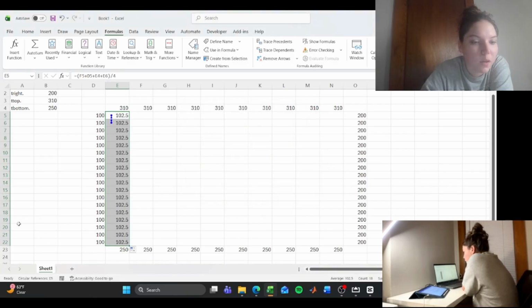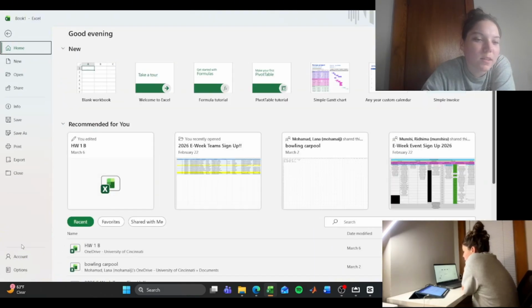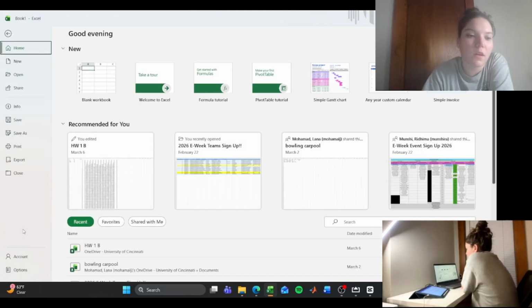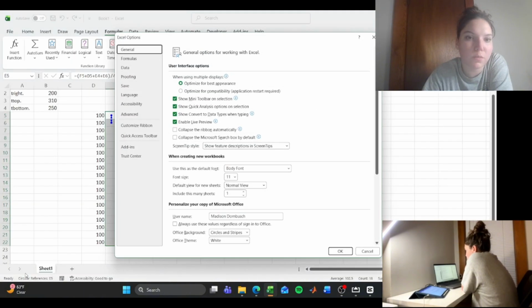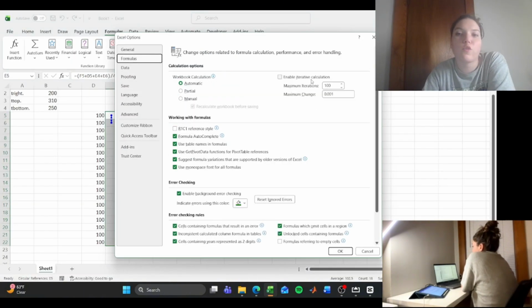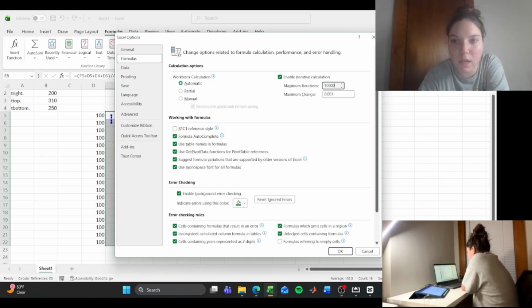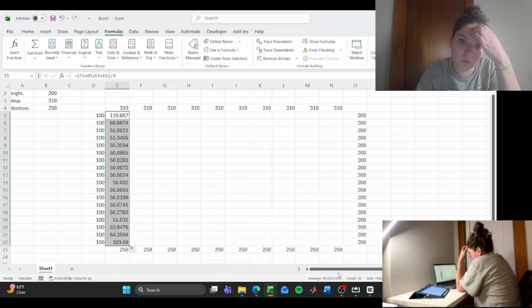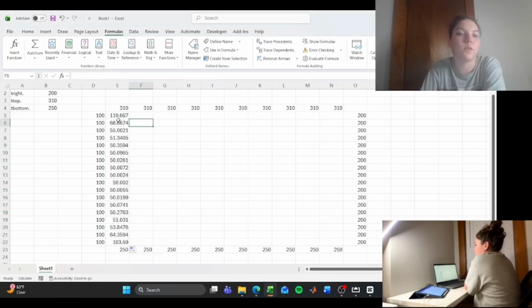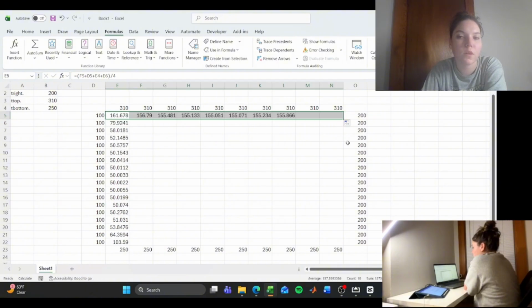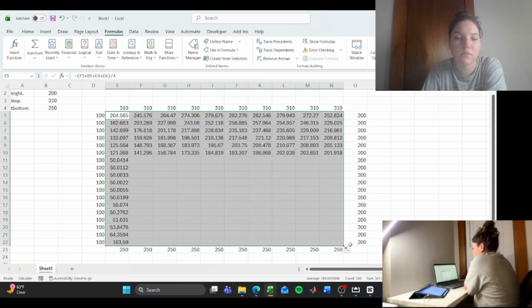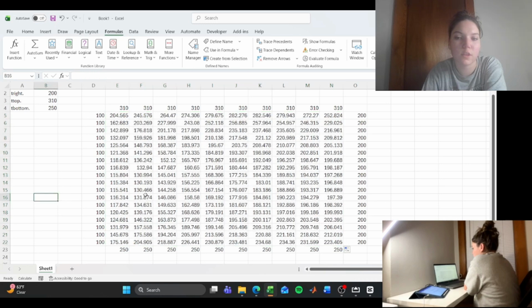So, okay, we have to go back to files, and we go to options, formulas. This is going to be enable iterative calculation, here 1000, and now it allows us to do this, and we want to bring this over, and there we go.